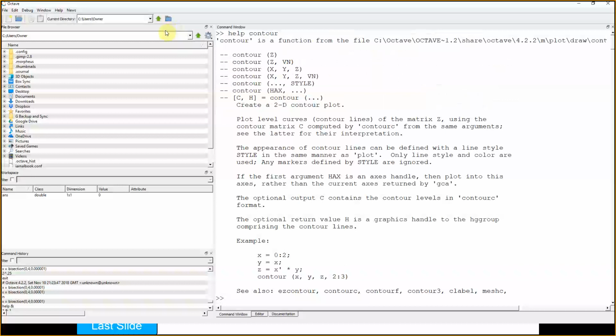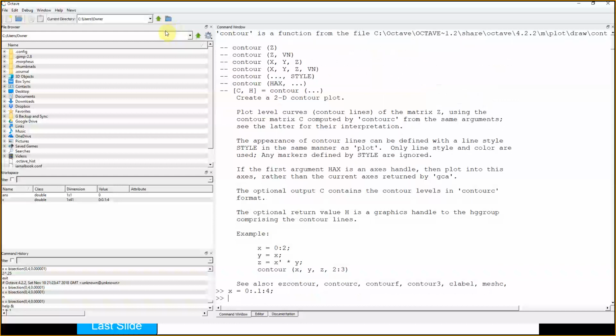So we're going to say x equal, and I'm going to go from 0 to 4. So I say 0, and I'm going to do indexes of 0.1 all the way to 4, because I want my contour to be tight. And I'm going to make y the same thing.